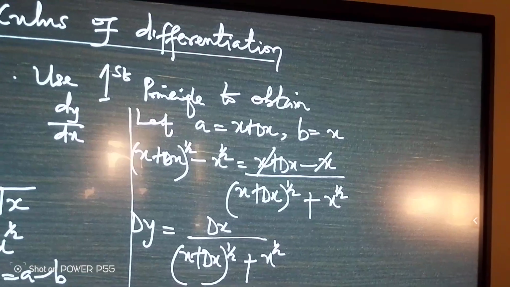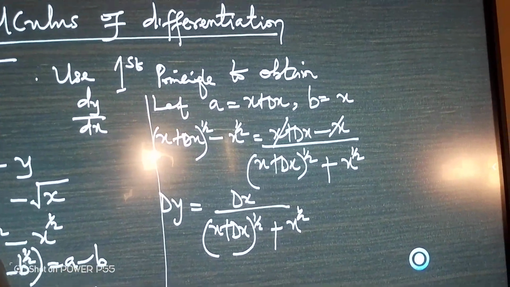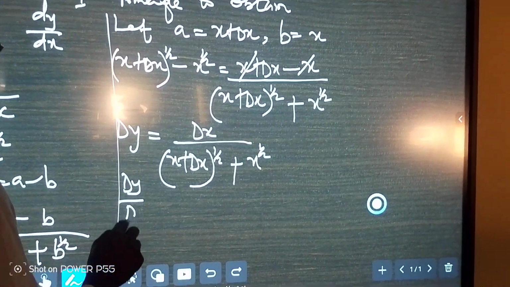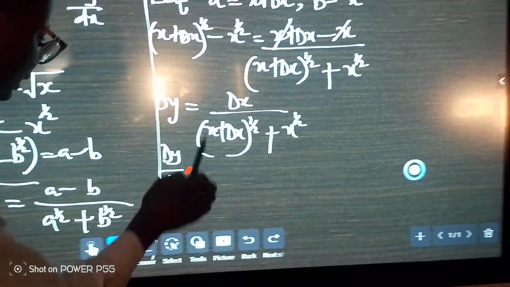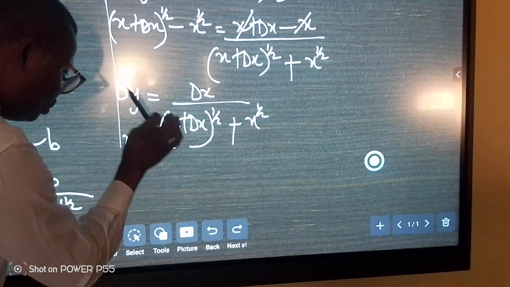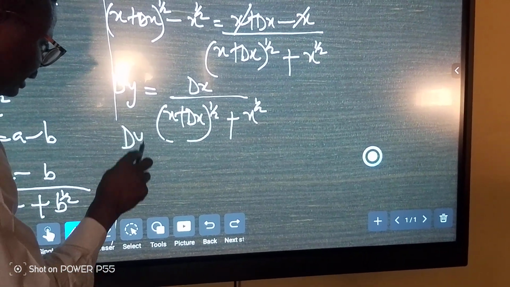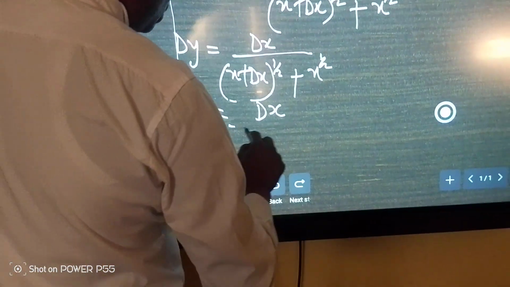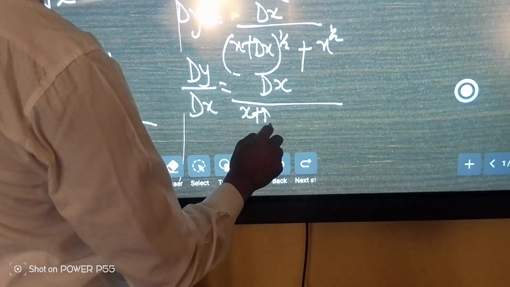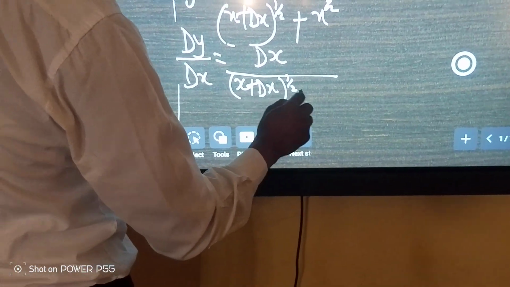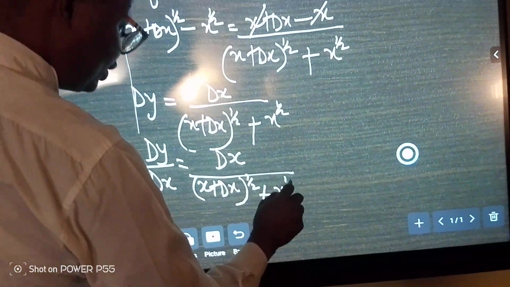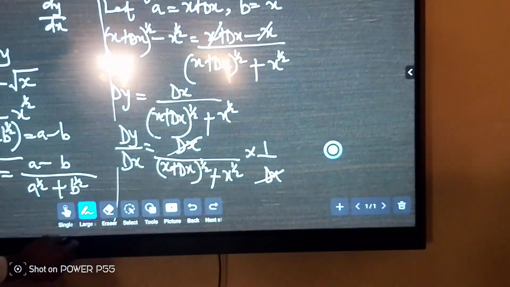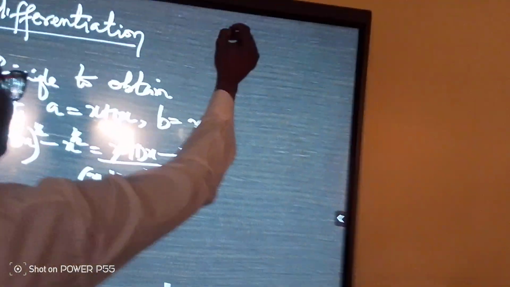Now the rule says you are finding dy dx, that is divide all through by dx, and that is going to be dy over dx. This statement is the same thing as multiplying all through by 1 over dx. That's going to be dx all over (x plus dx) raised to power half plus x raised to power half, then multiply by 1 over dx, and this will cancel this.